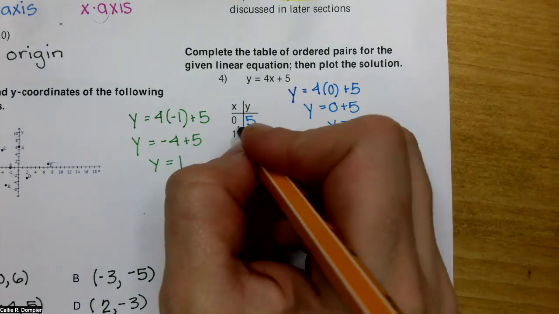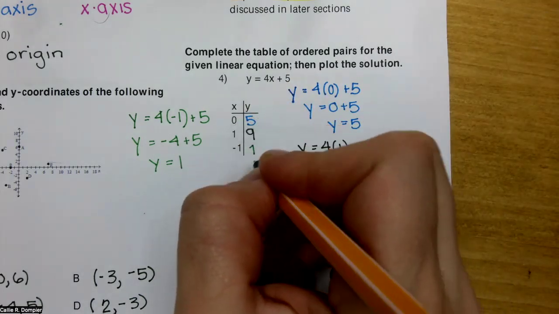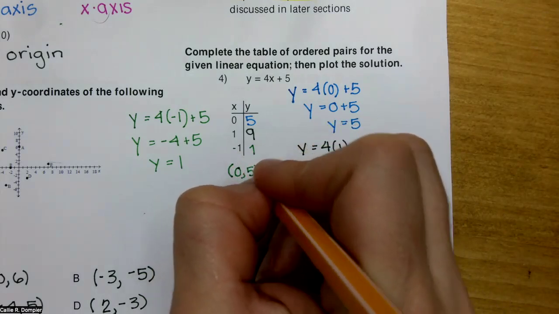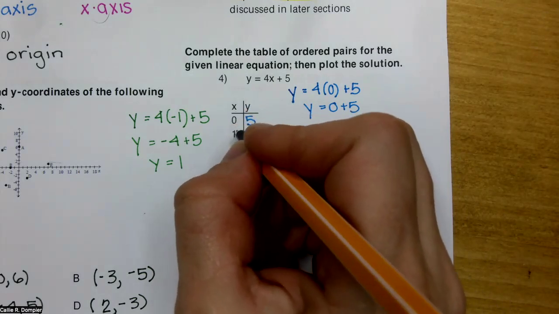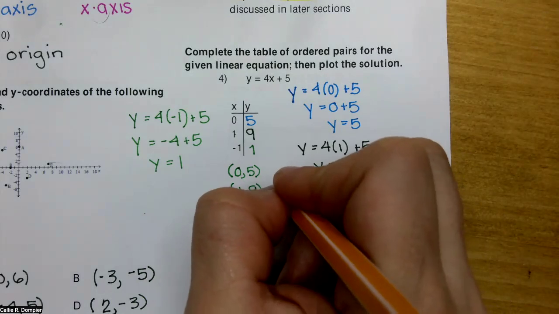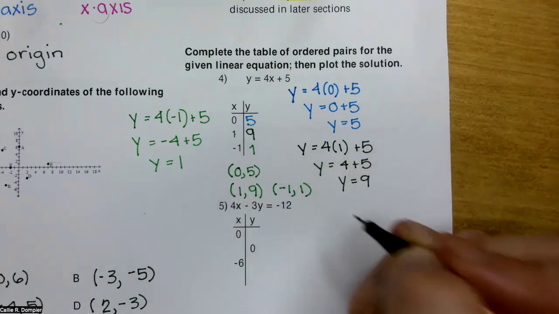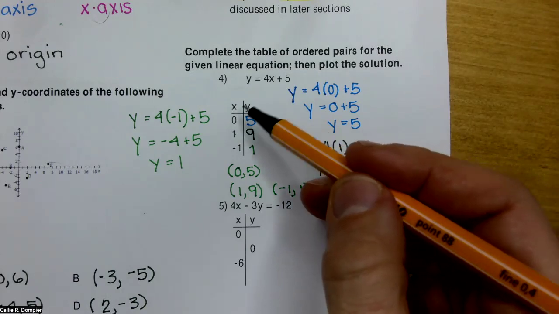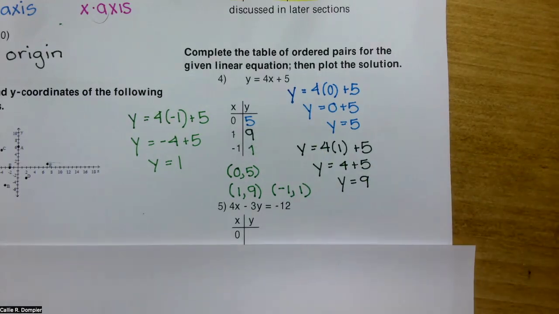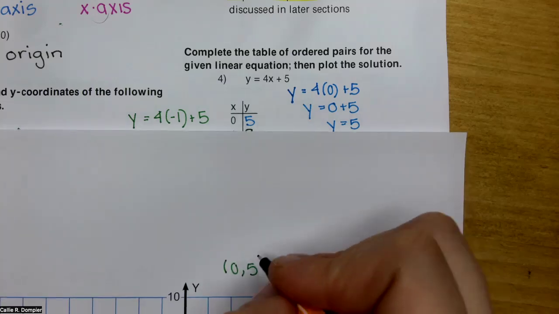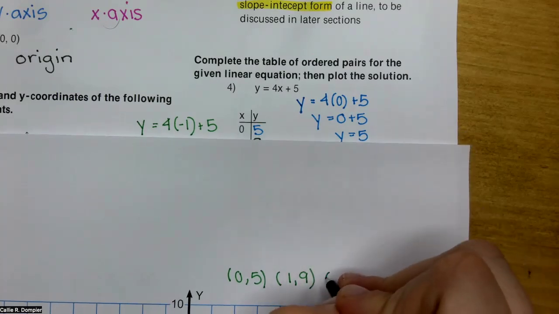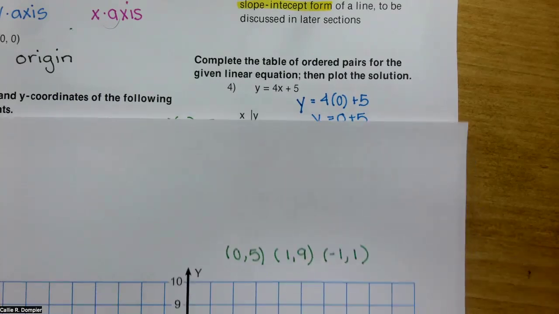The table entry (0, 5) means we have the point (0, 5). The table saying that when x is 1, y is 9 means we can use the point (1, 9). (-1, 1) is also a point. So we're converting the table into ordered pair points, and then we can just graph those points. So those points were (0, 5), (1, 9), and the last one was (-1, 1), right?